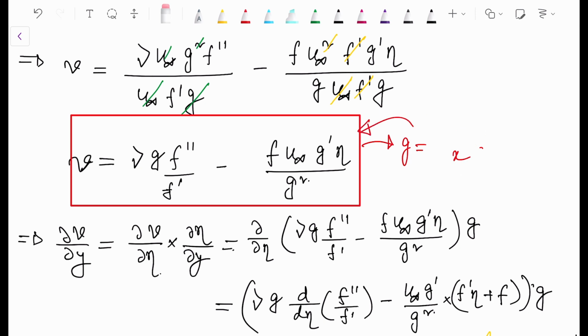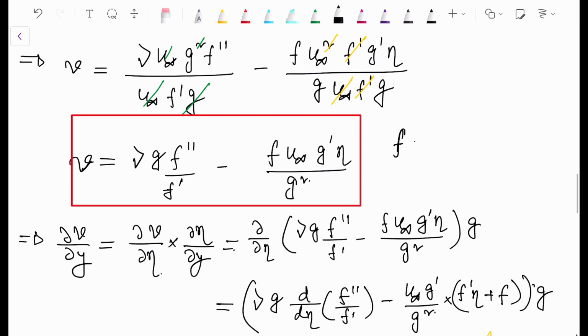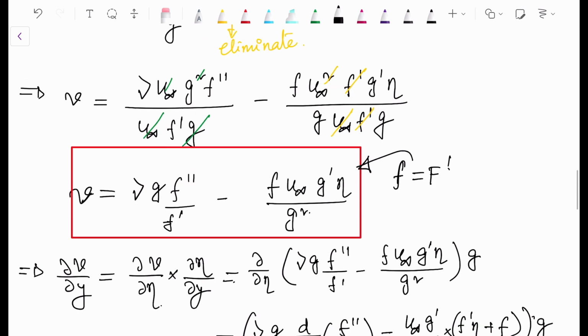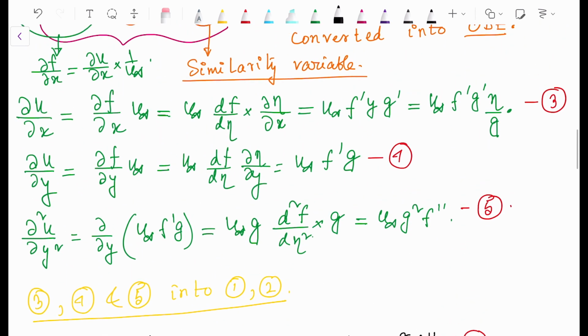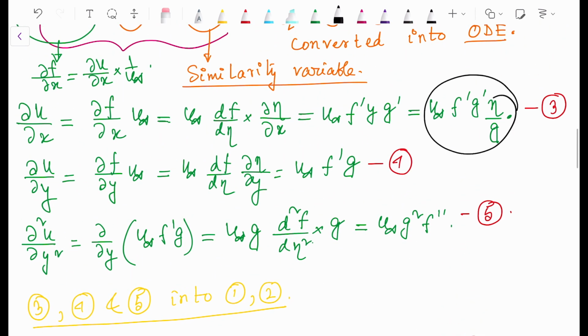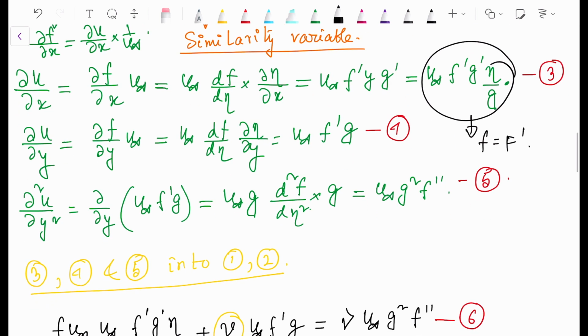What you have to do is come up with an expression by transforming f equal to f dash. Just put it here. It is not a very difficult task. And also put here f equal to f dash. So that is directly u infinity into f double dash into g dash eta by g, right?